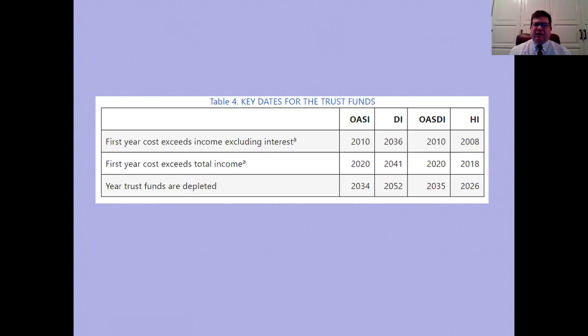As you see here, the situation for disability insurance is a little bit better. It's much more solvent than the old age and survivors program. And the whole way to the right, we see that the Medicare trust fund is not doing quite as well.